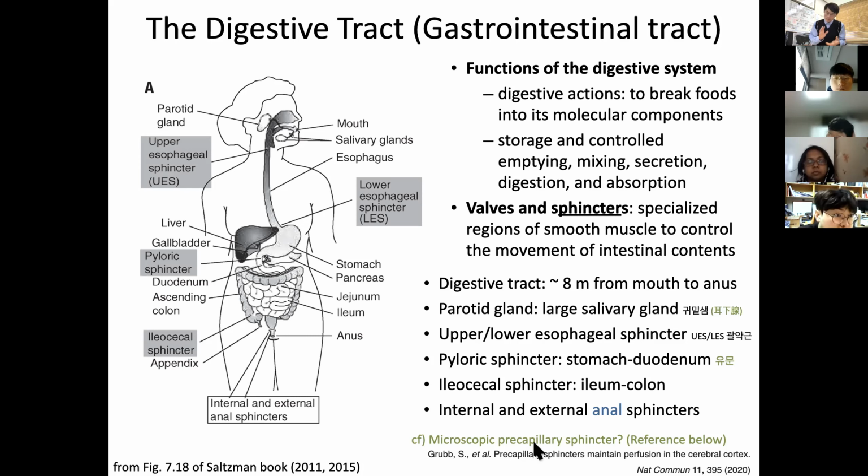It's been known for a long time, but recently people used in vivo microscopy to figure out the role, whether there is actually a sphincter controlling the capillary, because the capillary is the business end of all our transport and exchange of gas at the cellular level. So that's last year in Nature Communications, and this author is an instructor of mine in a class: precapillary sphincters maintain perfusion in the cerebral cortex.